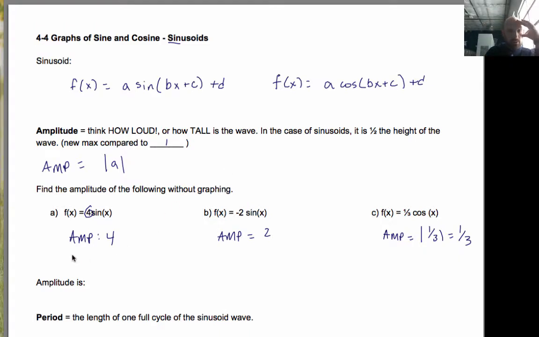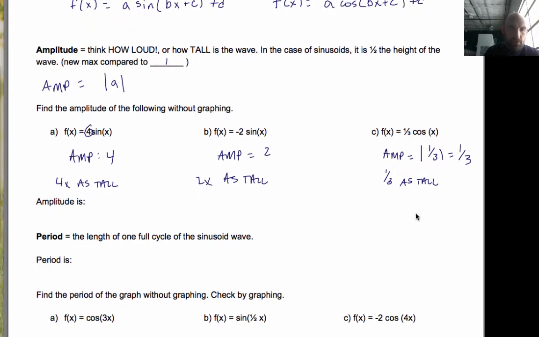This is 4 times as tall. This one is 2 times as tall. Now that negative is going to flip it over, but it's still going to be twice as tall. For 1/3, this is going to be 1/3 as tall. And so amplitude is the absolute value of a.